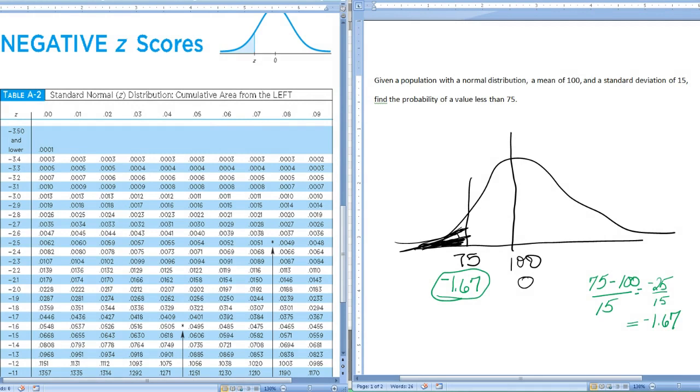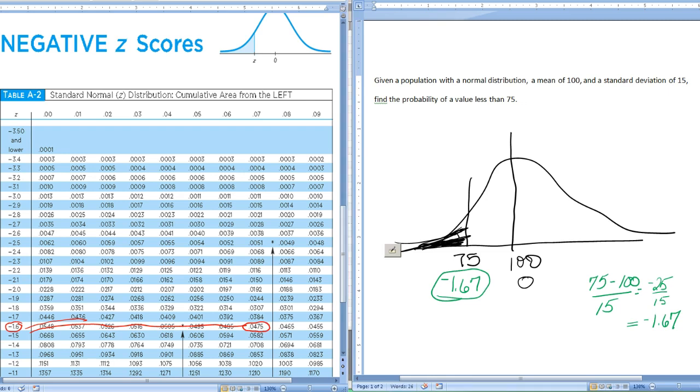So I come over here and I see this negative 1.67. So let me turn my little pen on over here. So I've got negative 1.6, and I'm going to come over here in this column, or this row, I can't draw straight, to the 0.7, and there I am at 0.0475.